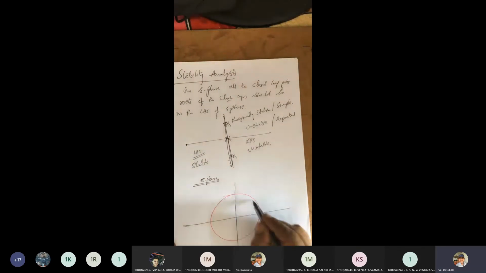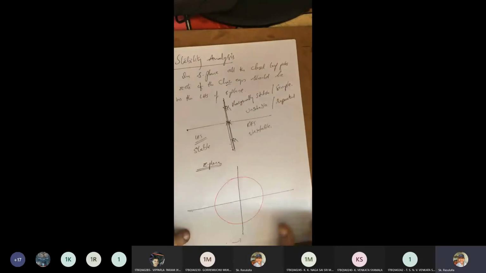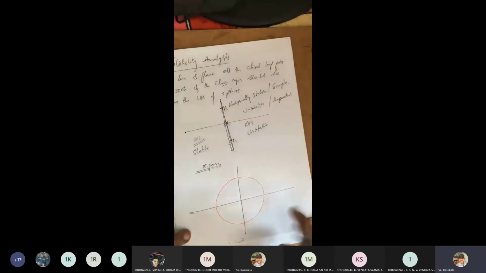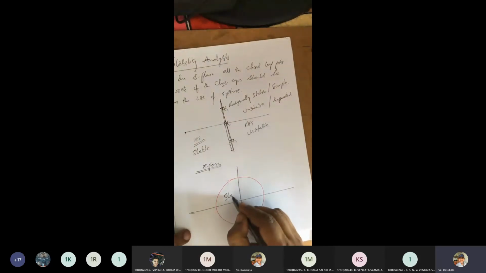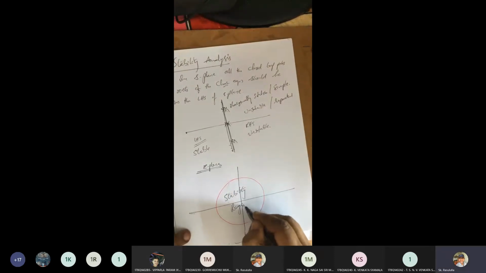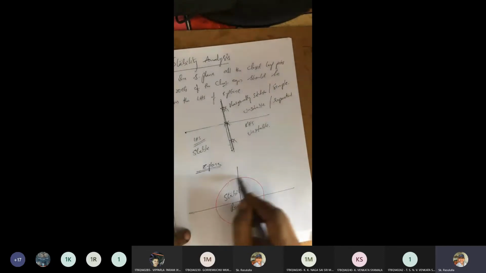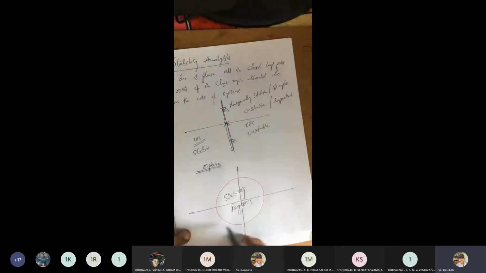That means all the poles should lie in the unit circle for stability. This is the stability region. All the closed loop poles should lie in the interior of the unit circle.